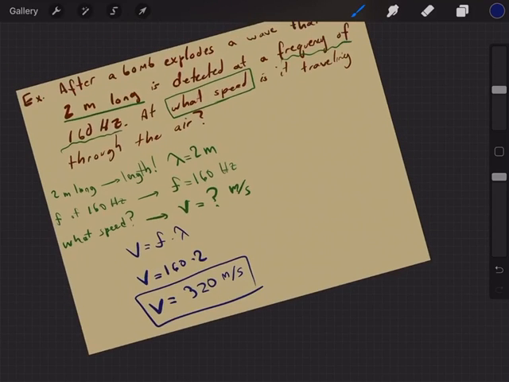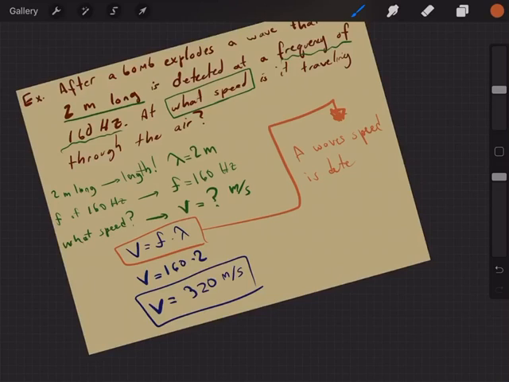Remember that in physics, formulae like v equals f times lambda aren't necessarily math formulas. This isn't a math formula. What this actually means is it's a shorthand way of writing a long sentence. And the long sentence says, a wave's speed is determined by how often it goes by, or by its frequency, and by its overall length.